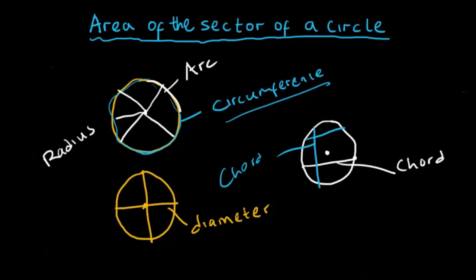Now let me show you something more. If I've got this circle and the center of the circle, remember we say when we draw a line from the center to any part, it's called a radius. Now this is a radius. If I have this other line from the center to any part, this also is a radius.